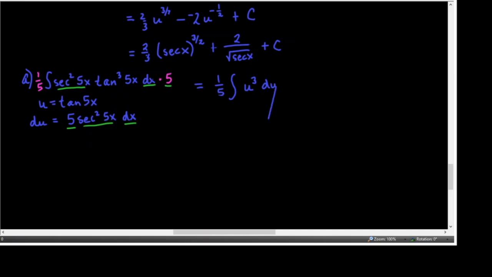Oops. That did not look good. Try that again. I'm sorry. I have a little bar there that I tried to get rid of, and it just doesn't want to go. Sorry.